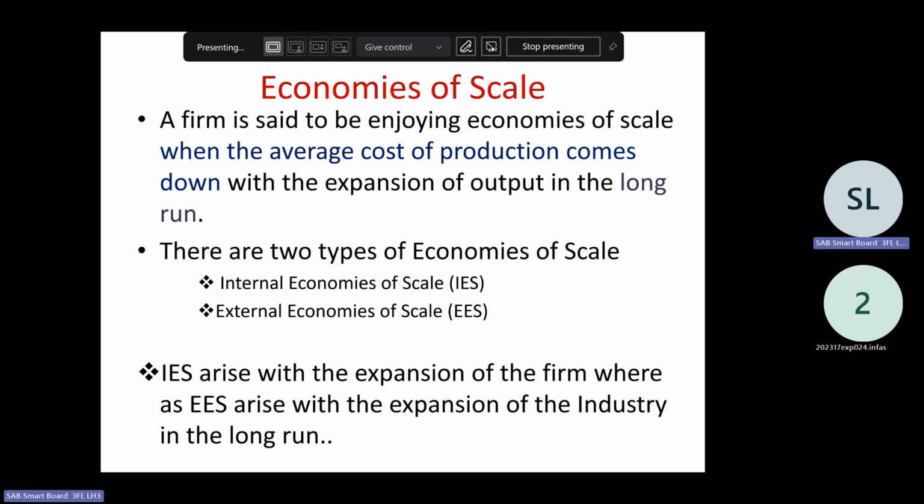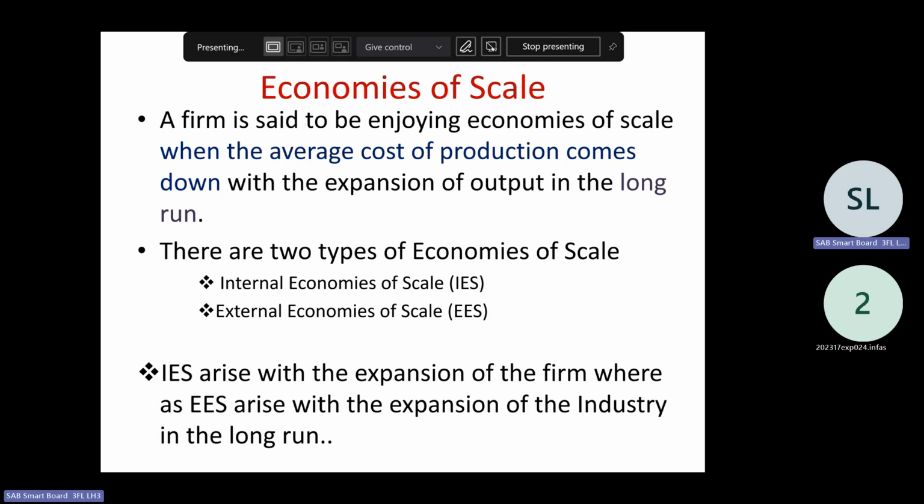External economies mean outside, that means the industry: benefits passed to the industry with the expansion of the industry. Likewise, in broader terms, we can identify two types of economies of scale, one internal, the other external.